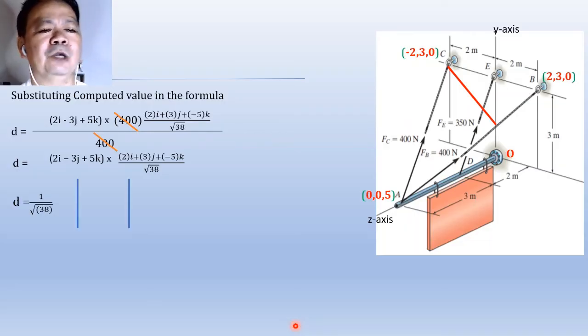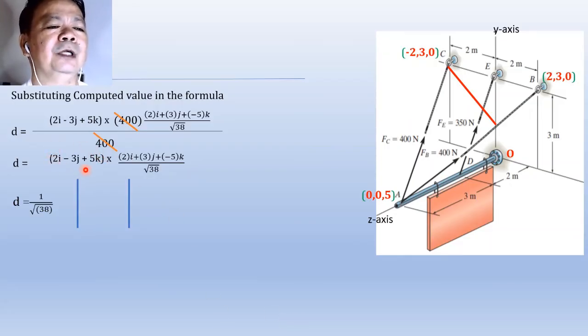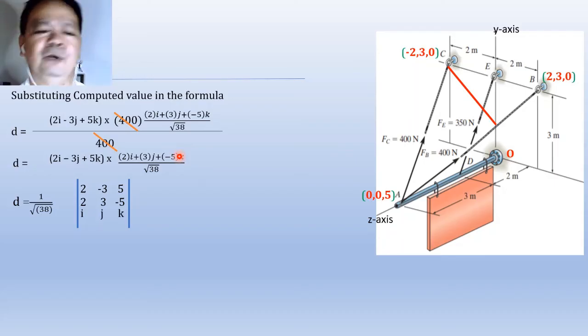The first element of the cross product becomes the first row of the determinant, the second element of the cross product becomes the second row, and then i, j, and k become the third row of the determinant.